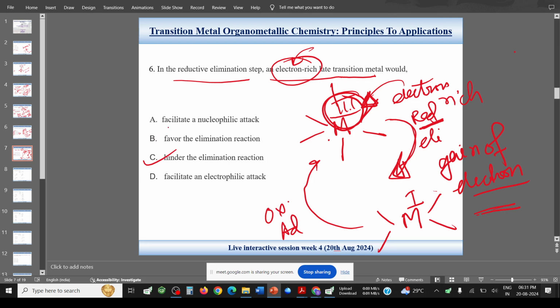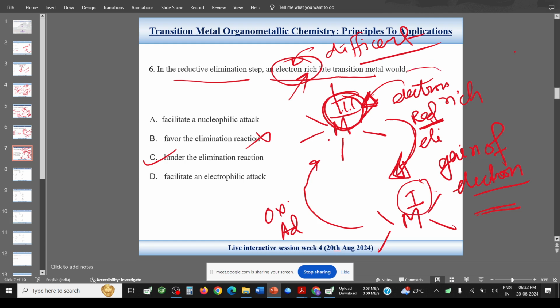Option B, favoring the elimination, is no. If the metal center is electron deficient, then it will need electrons, get them from the ligand, and go back to the +1 state.